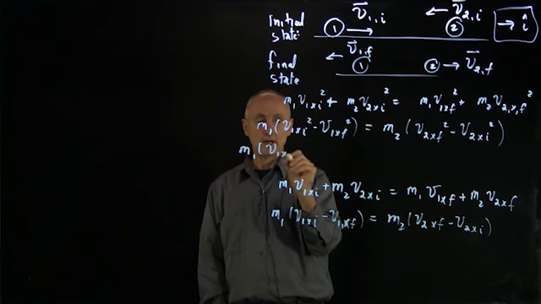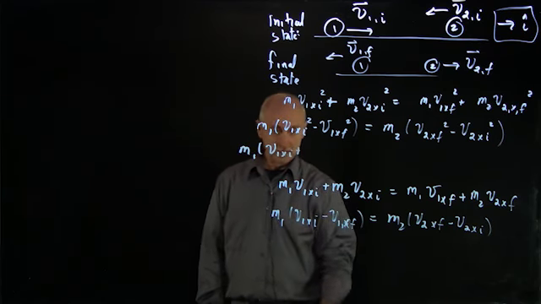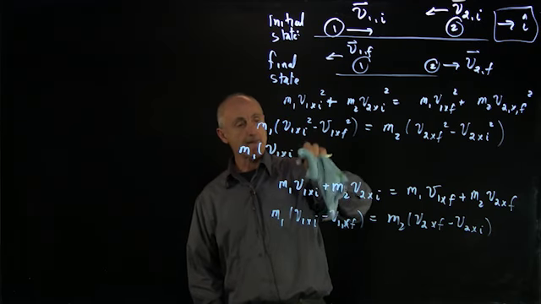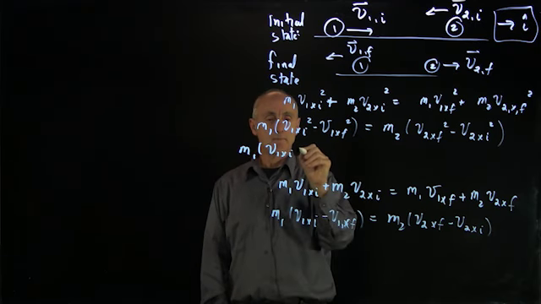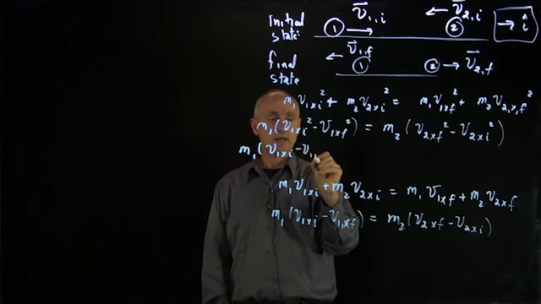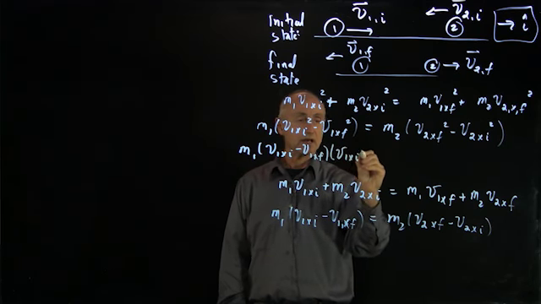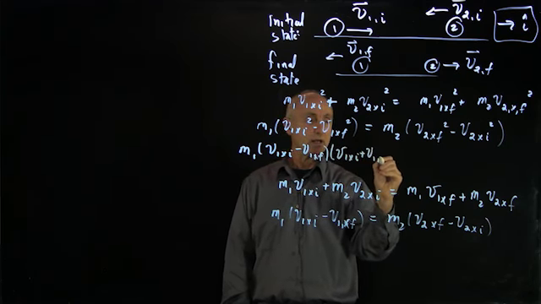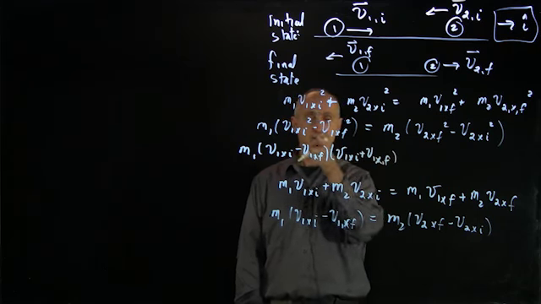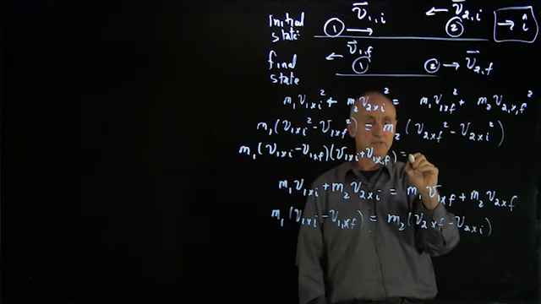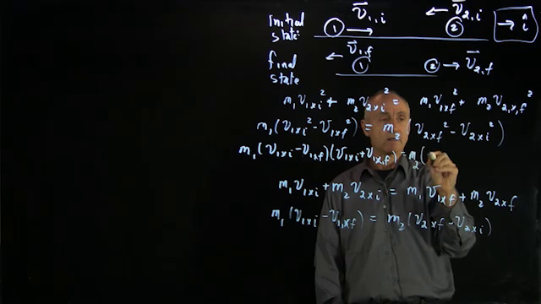m1 times (v1x initial minus v1x final) times (v1x initial plus v1x final). Factored that term. We have the same factoring on the other side.